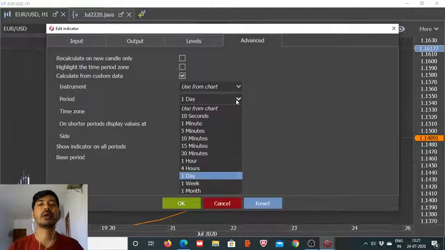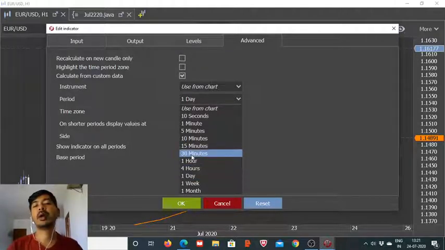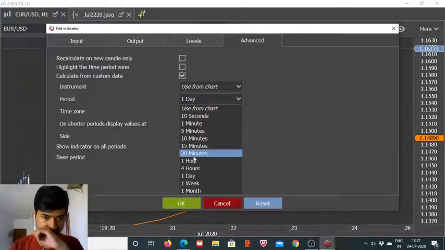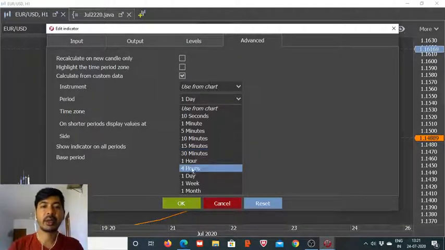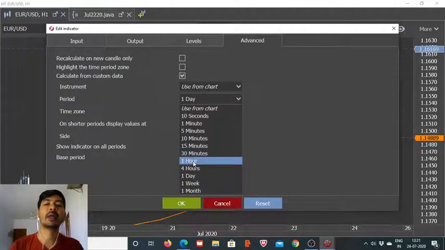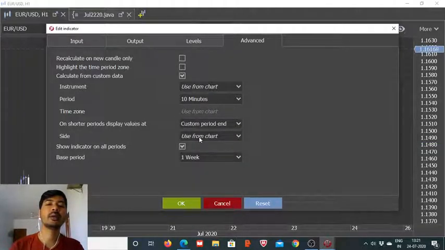Here you can fix this, so whichever input value you choose will be fixed, and regardless of what time frame the chart is displayed on, the EMA calculation will remain as per your customized parameter. But for the time being, let us go to the 10-minute part.